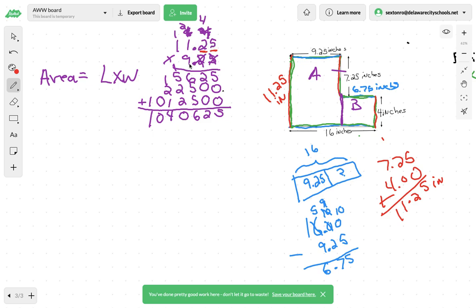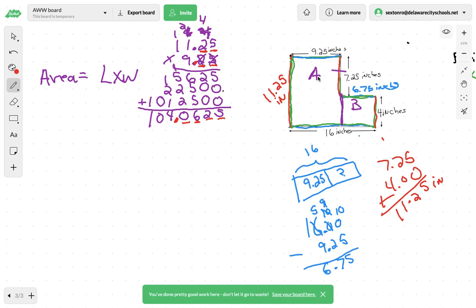Now let's go down here. This is a whole 9, no decimals there. So after that I had 1, 2 decimal digits. So how many decimal digits do I have in my factors all together? 1, 2, 3, 4. So that means that my answer has to have 4 decimal places.